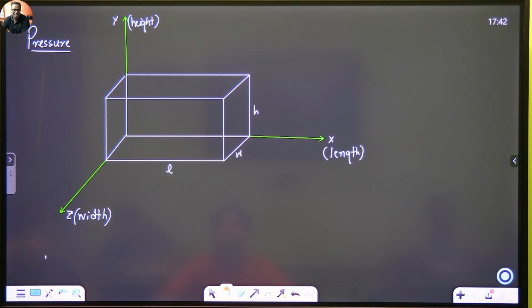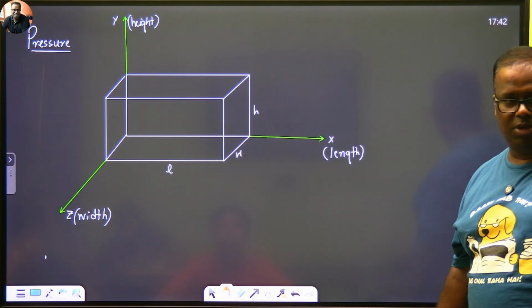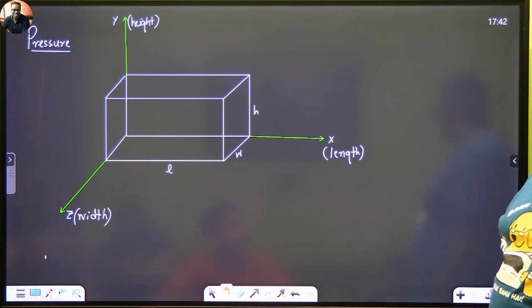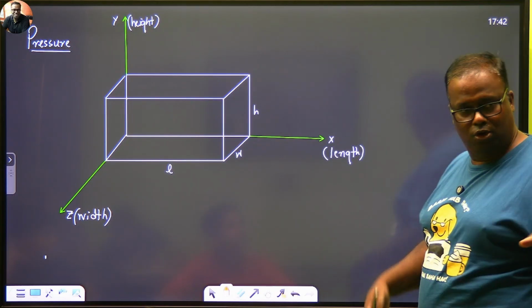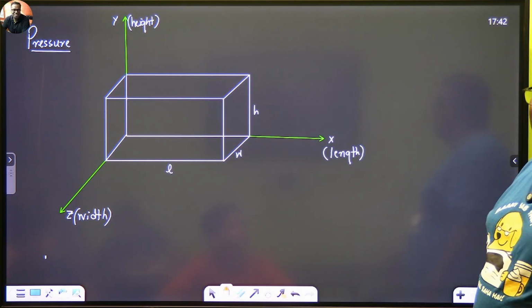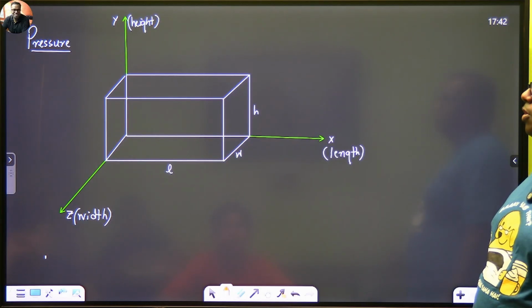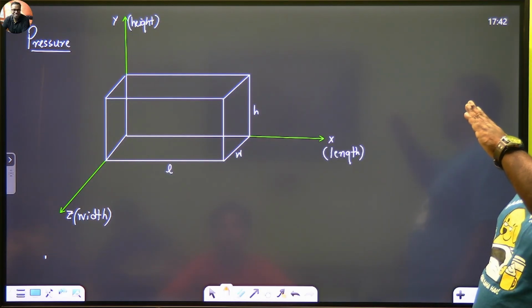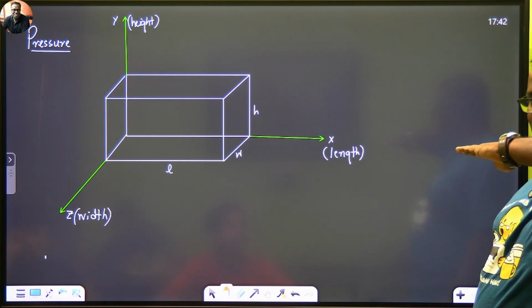In books, you will see that pressure is defined as force upon area. That is how we always mug up our definitions. But let us try to understand: is any force going to contribute to pressure, or is there a specific type of force that contributes to pressure?